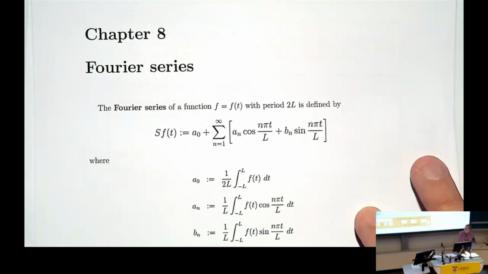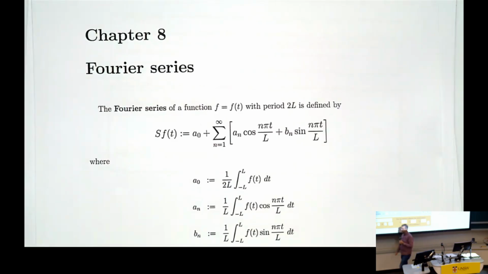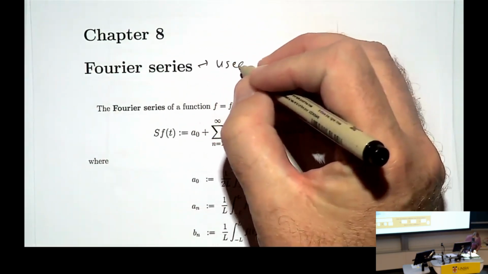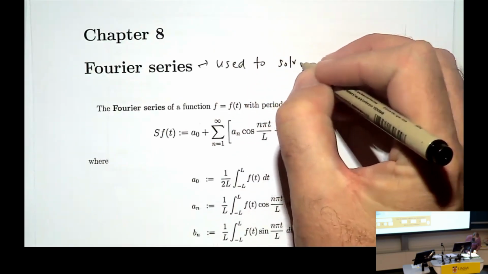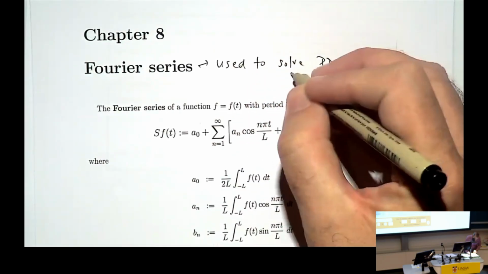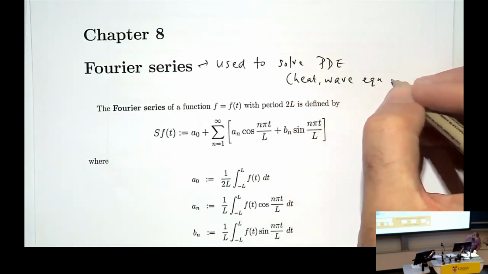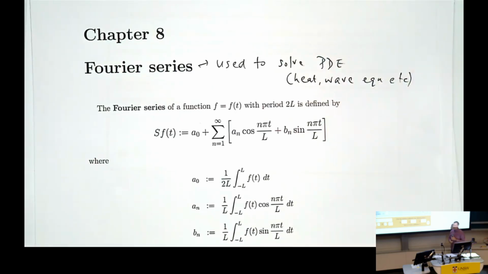All right. So the main motivation here for Fourier series is that we're going to use them to solve partial differential equations, which is what we do as the last topic, maybe in week 10. Okay, so the motivation, good morning, is to solve partial differential equations.